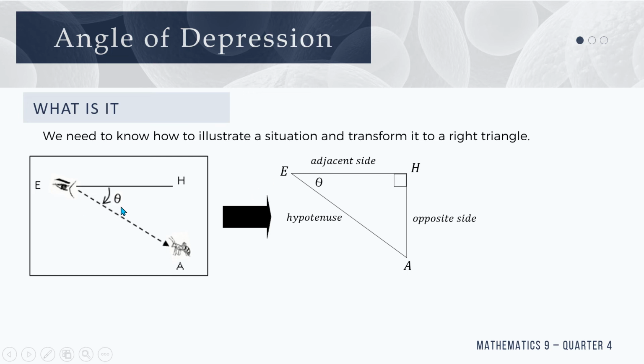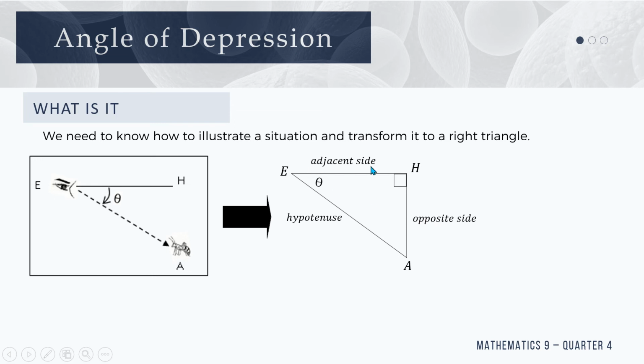The theta created between the horizontal line and the line of sight, the broken line, is the angle of depression. And that serves as our reference angle. So, the angle theta is our reference angle. So, automatically, the side opposite the given reference angle is the opposite side.